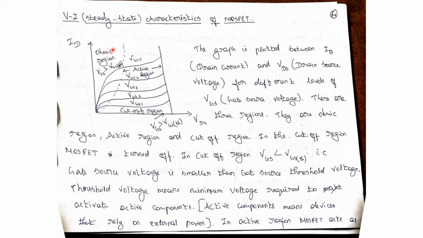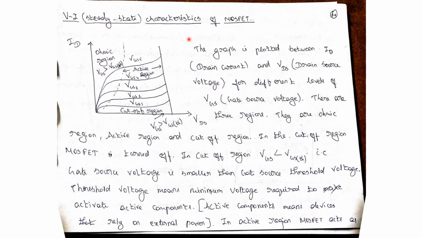This region is known as the ohmic region, and this one is the cutoff region, below VGS1. The center part of the curves is known as the active region.